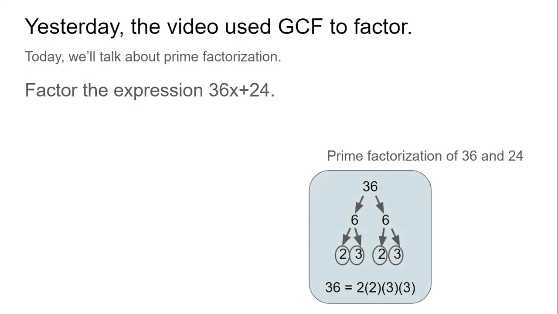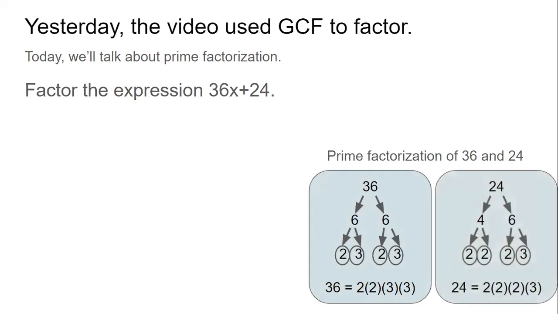Okay, so 36 is 2 times 2 times 3 times 3. We've got 2 2's, we've got 2 3's. The prime factorization of 24 is 2 times 2 times 2 times 3. So I've got 3 2's and 1 3.